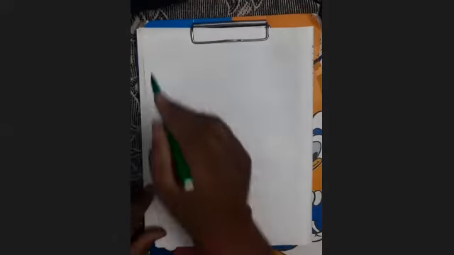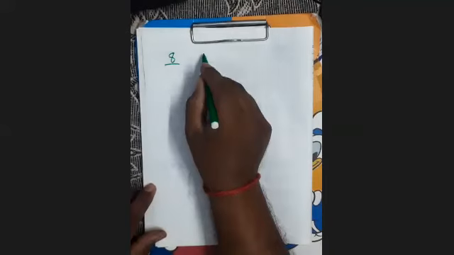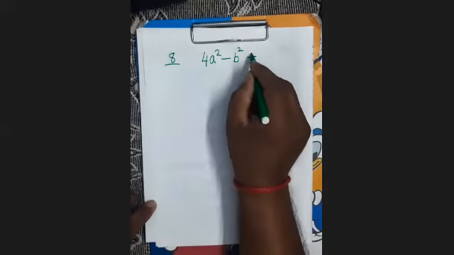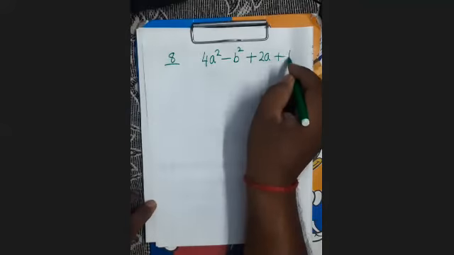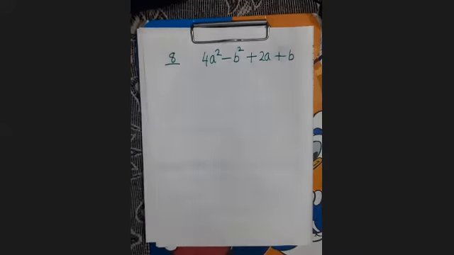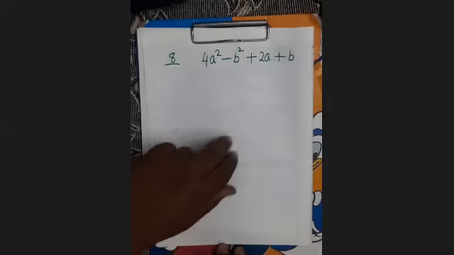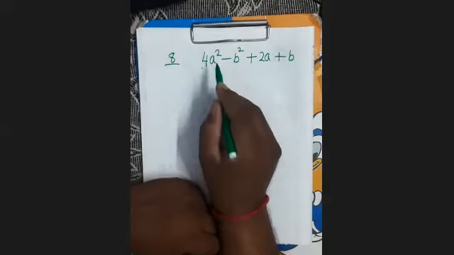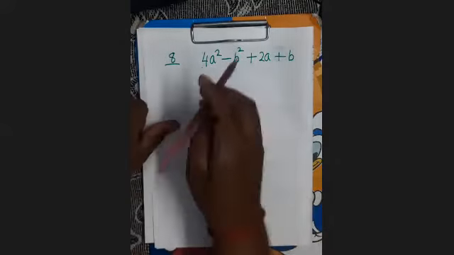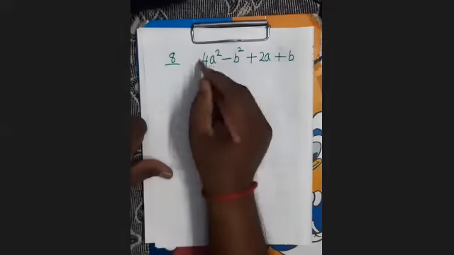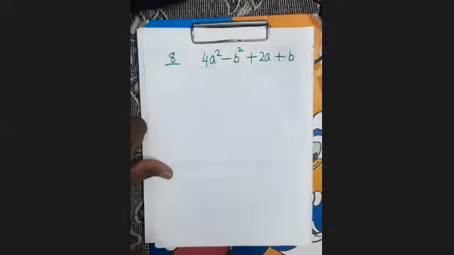Now you can see here question number 8. 4a square minus b square plus 2a plus b. Now all of you see here, if you see, then you can find that this is the whole square of, ये किसका whole square है? 2a. पूरा term, this complete 2a term.